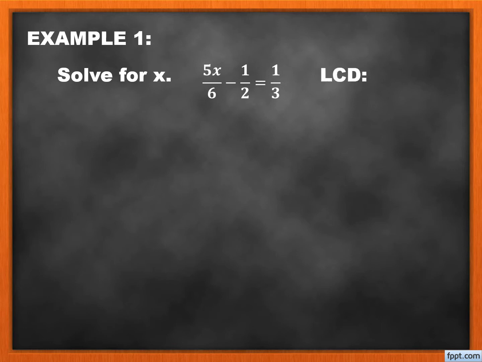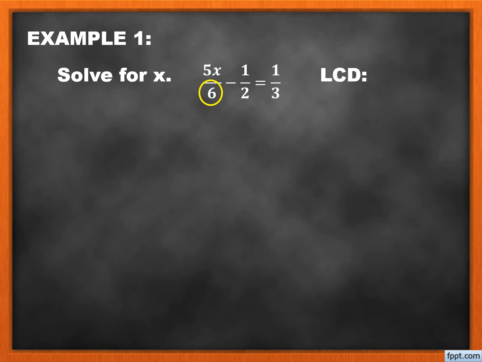Let us have an example. You are asked to solve for x in the given equation 5x over 6 minus 1/2 equals 1/3. First, we're going to find the LCD.